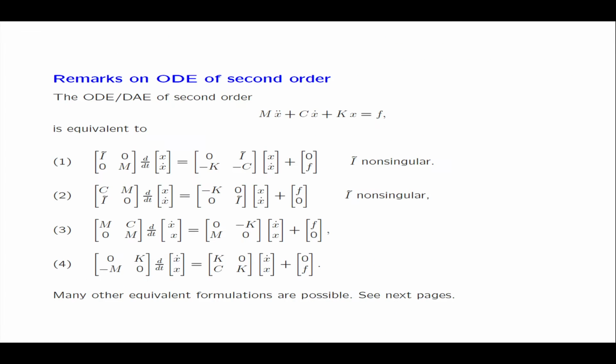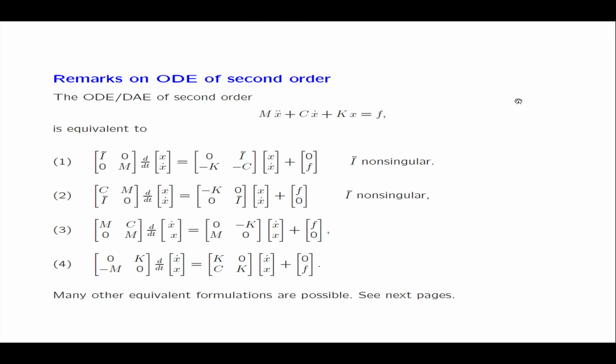Okay, now some further remarks on matrix polynomials of second order. I told you there are in principle two basic linearizations, the first and the second companion form. But there are a lot more.